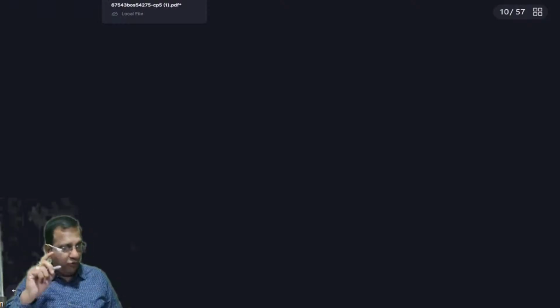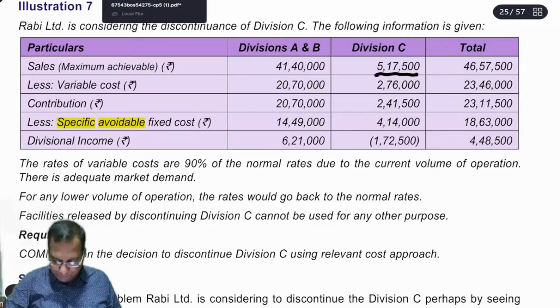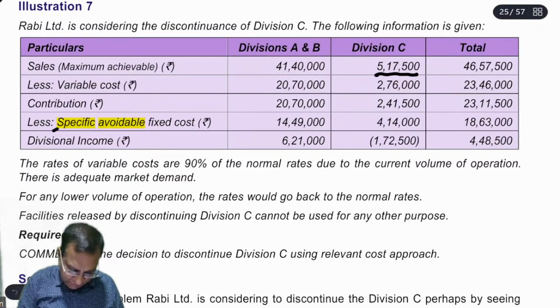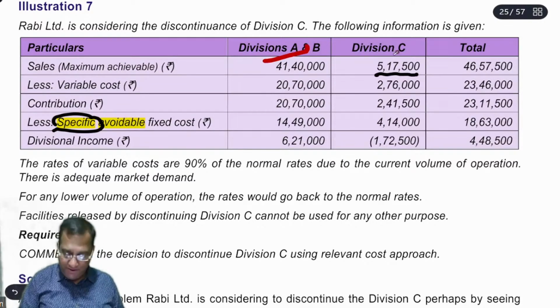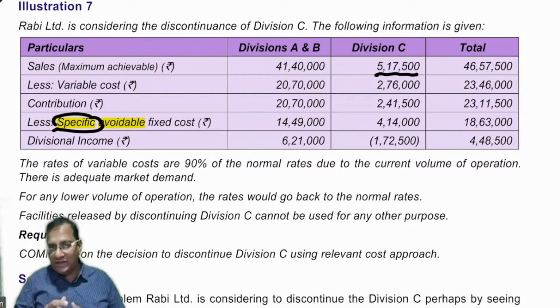Now, for fixed cost, two words are given. That is, these are the specific fixed costs. What do you mean by specific fixed cost? Attributable to department A and B, and attributable to department C. Otherwise, whenever the words fixed cost are given, there are some fixed costs which are department specific, while the remaining major portion will consist of common costs of the organization, such as rent of the factory, supervisor salary, security staff salary, lighting bill of the factory.